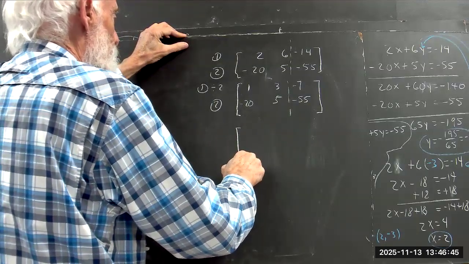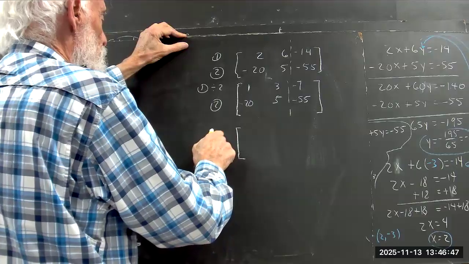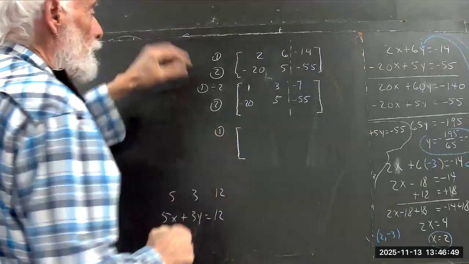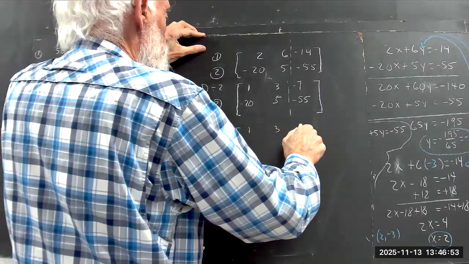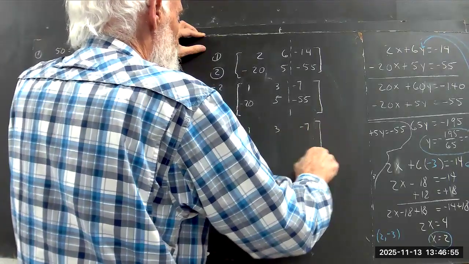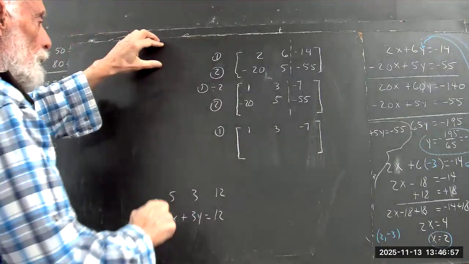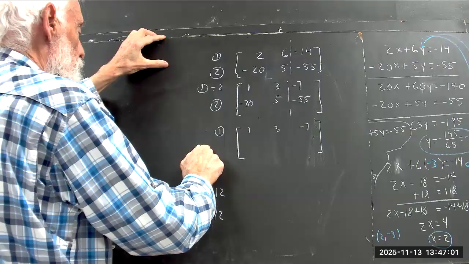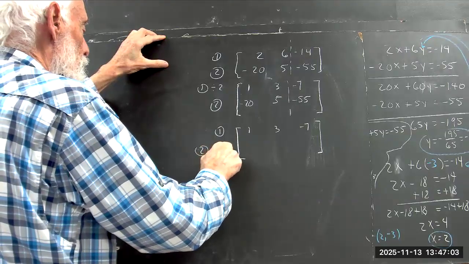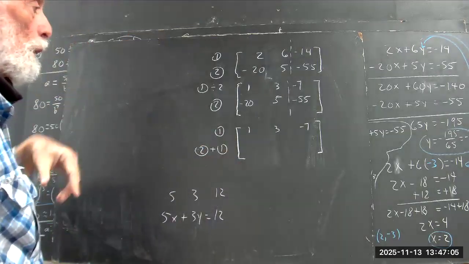Then I'm going to do row 1 just as it was in the previous matrix. 1, 3, negative 7. Row 2, I'm going to do row 2 plus row 1.